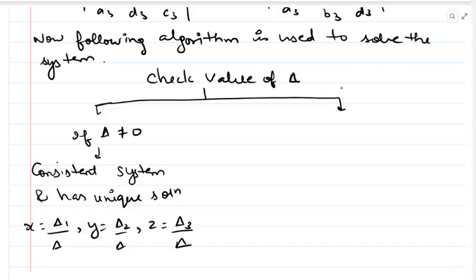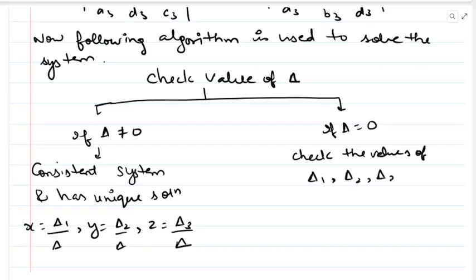Okay. Now if del equal to 0, we will check the values of del 1, del 2, del 3.